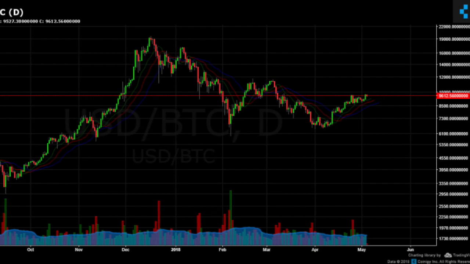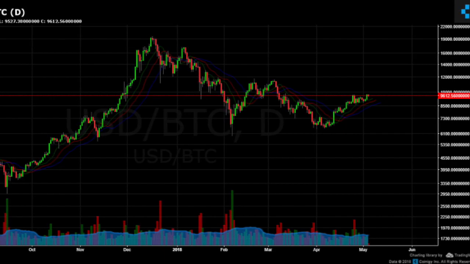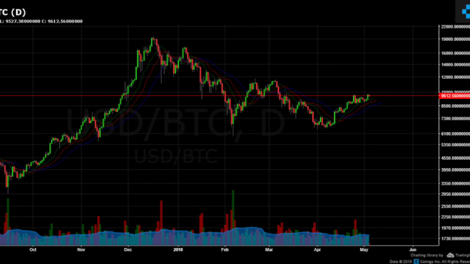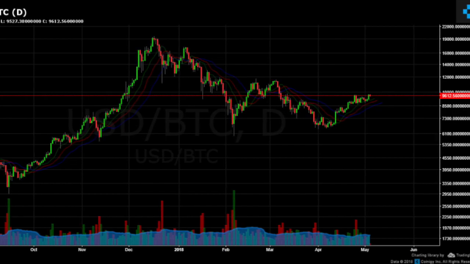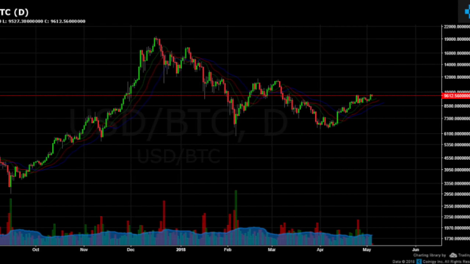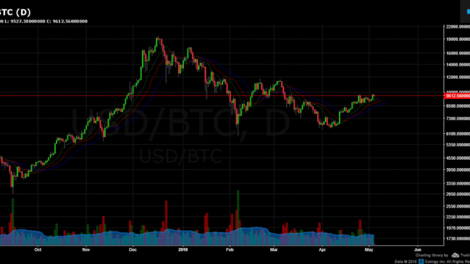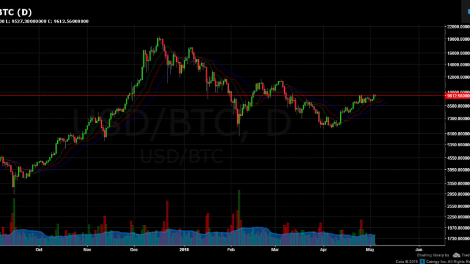Okay, so it's made out of 3 SMAs, and the jaw line is the blue line. The red line is called the teeth, and then the green line is the lips.